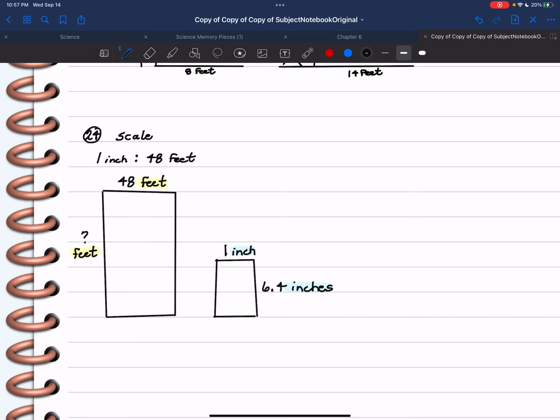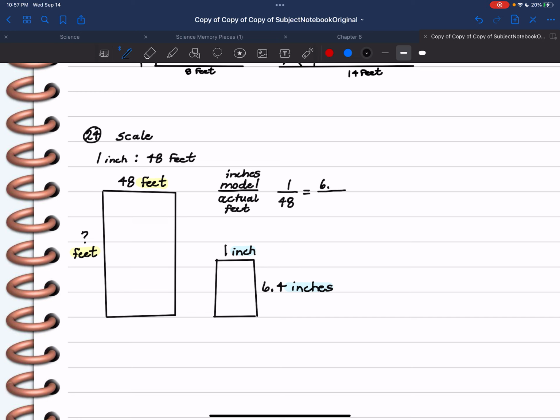As long as the dimensions match here and here, we'll be fine. So let's set up the proportion of, I'm going to use model to actual. And the model is in inches. The actual is in feet. So 1 inch on the model corresponds to 48 feet on the building.